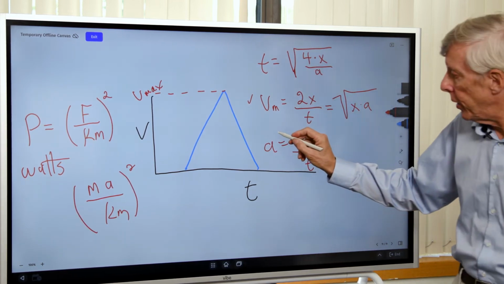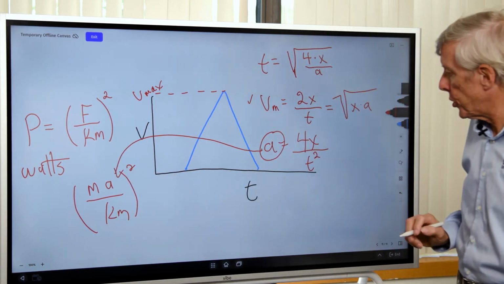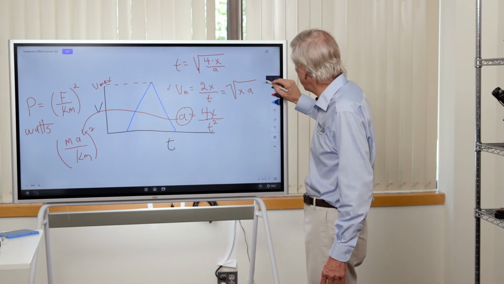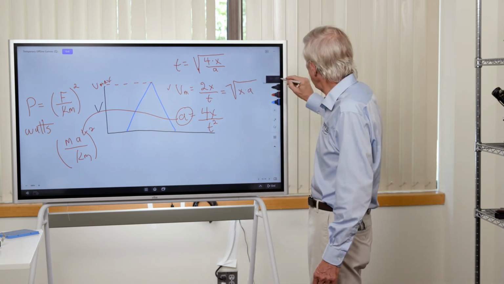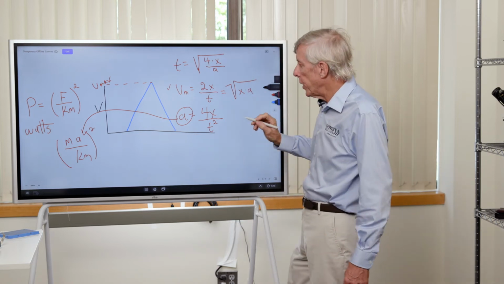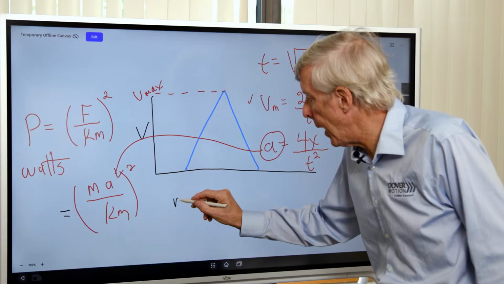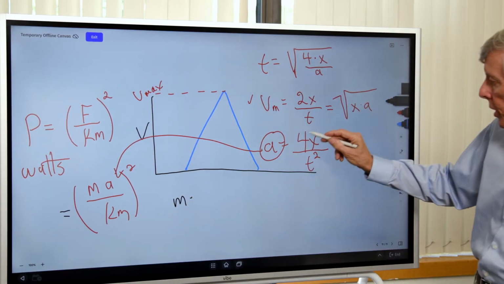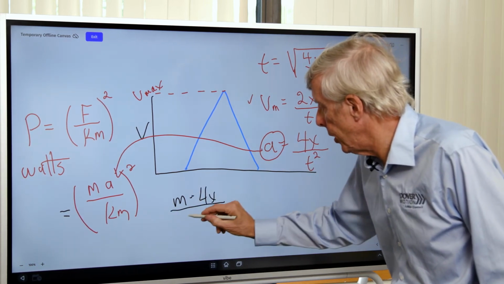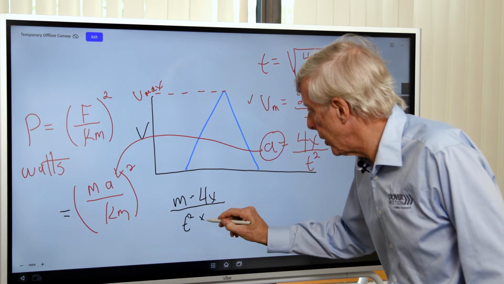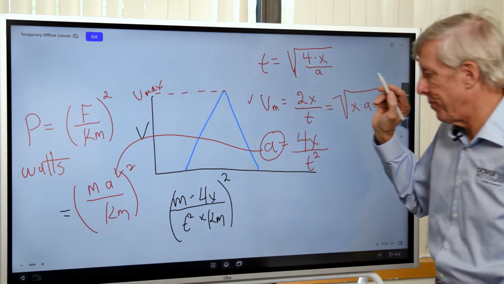Now notice that a is in here, so we can now rewrite this formula for power to be mass times acceleration, which is 4x over t squared, divided by K sub m, and the whole thing squared.